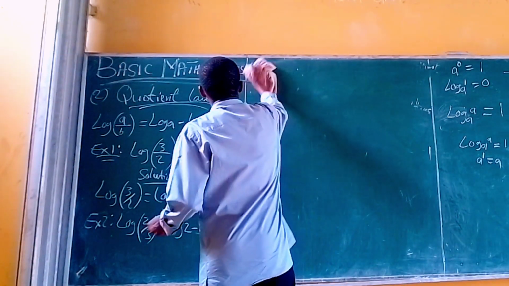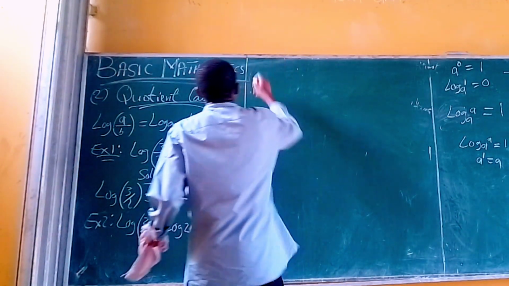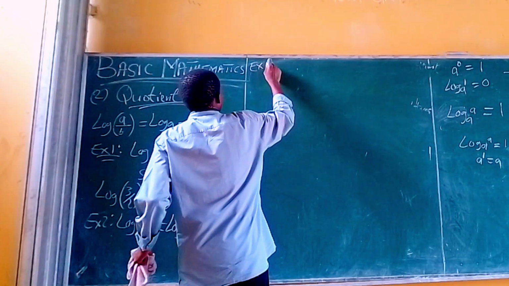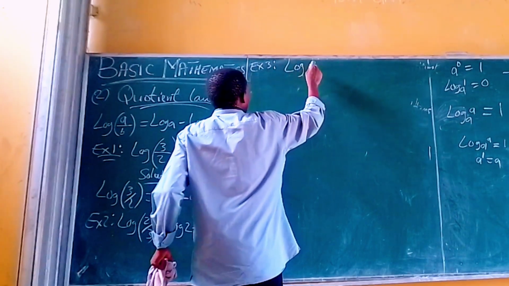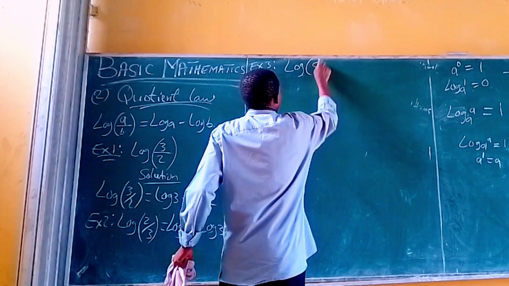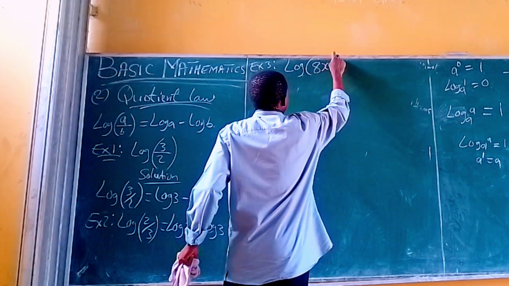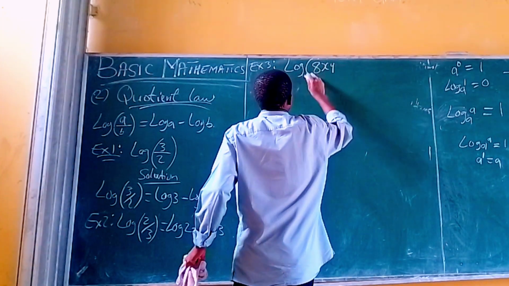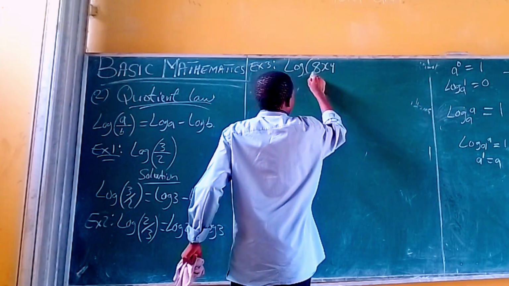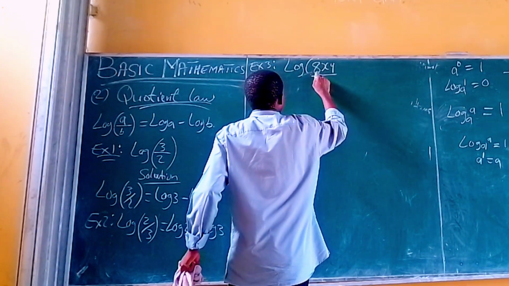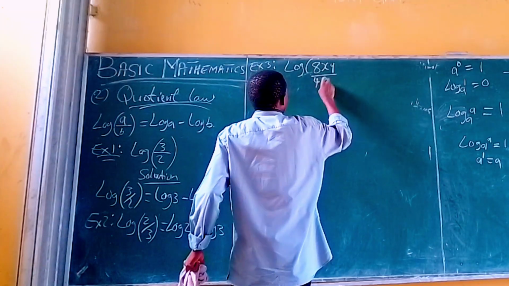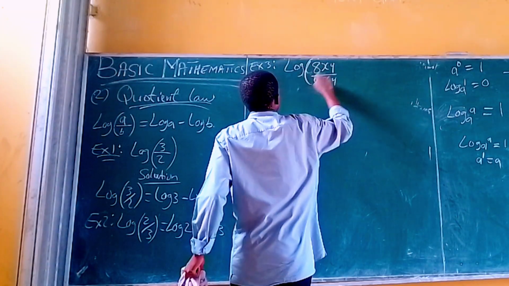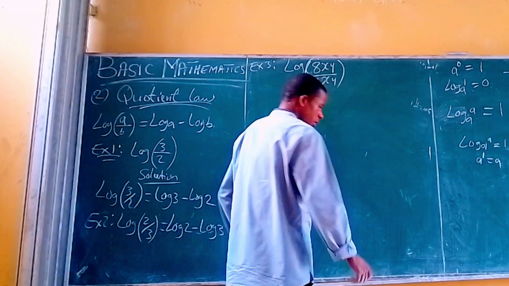Let's look at something very nice. Example 3. Log of 8xy all over 4xy.